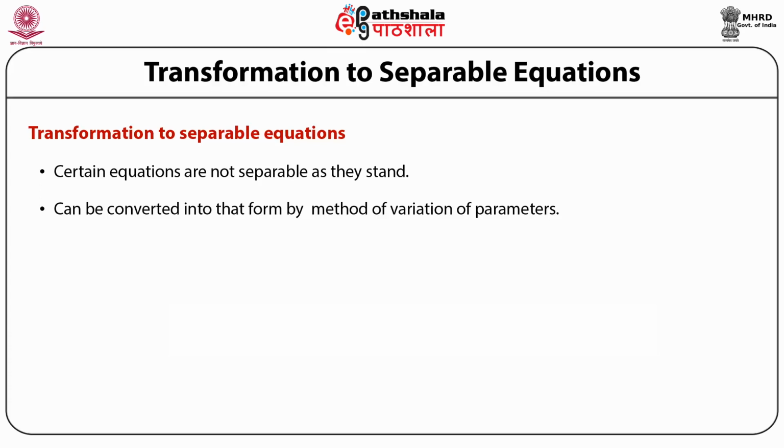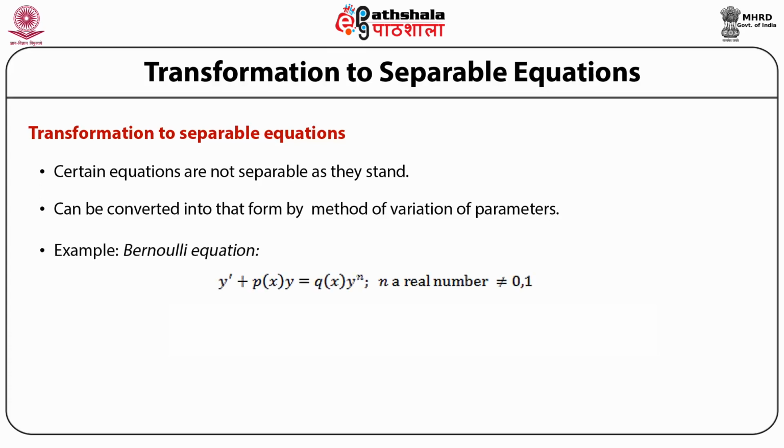Let us consider the example of Bernoulli's equation: y prime plus p(x) into y is equal to q(x) times y raised to power n, where n is a real number. For n equal to 0 and 1, the equation is linear and the methods of linear equations apply. So we assume that n is not equal to 0 and 1.